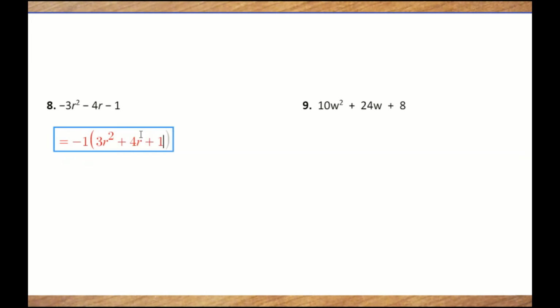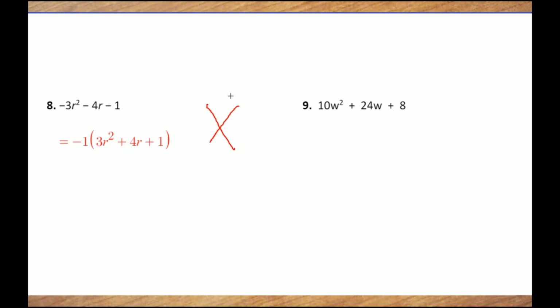There's just something about negatives that make them just a tad bit harder to work with. I think if you sort of literally take it out of the equation or expression, it just will make your life easier. So now I don't have to worry about negatives. I'm still going to have this negative 1 just kind of trailing out there for the whole problem.